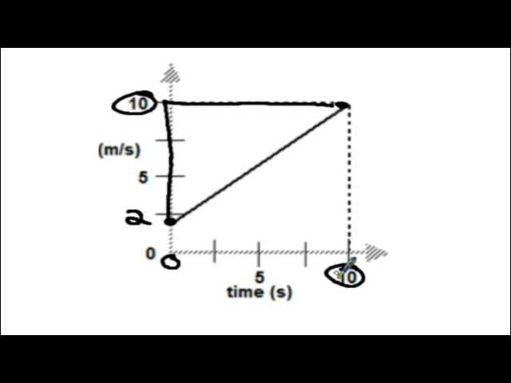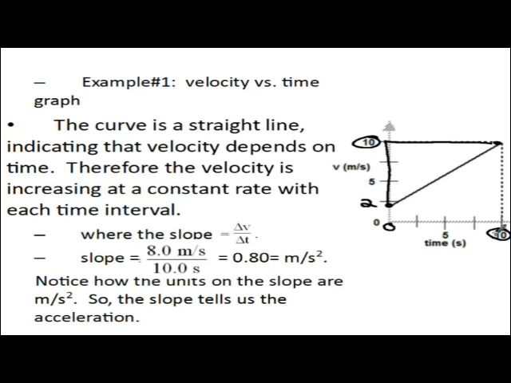So if I do my delta v over delta t, which is just like delta y over delta x, my rise, I go from 2 to 10, so that's 8 meters per second. And my run goes from 0 to 10, so that would be 10 seconds. So my slope would be 0.8 meters per second squared.